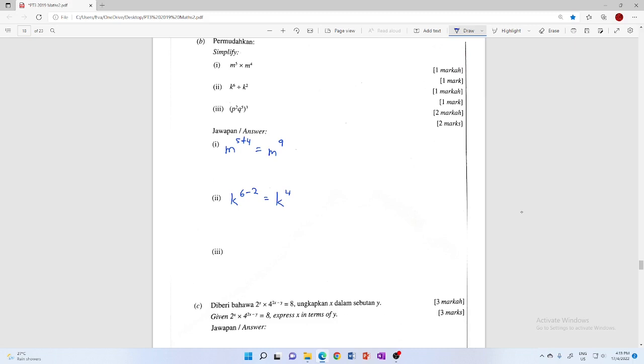When it is a power of a power, we need to multiply. p to the power 2 multiplied by 3, and q to the power 5 multiplied by 3, that equals p to the power of 6, q to the power of 15.